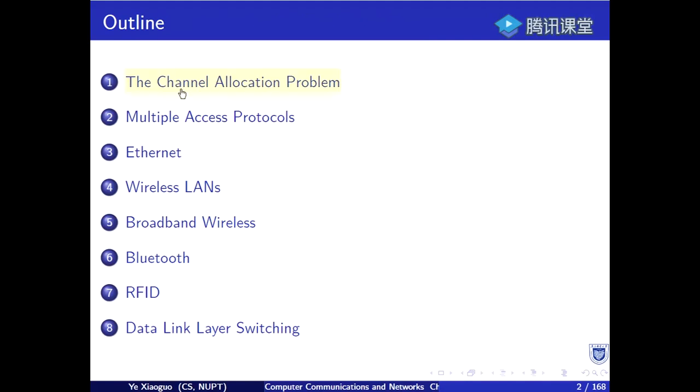So we will focus on the channel allocation problem and multiple access protocols for Ethernet and wireless LANs. And from 5 to 8, those are the 4 points we will not talk about in detail. So the key points are from 1 to 4.